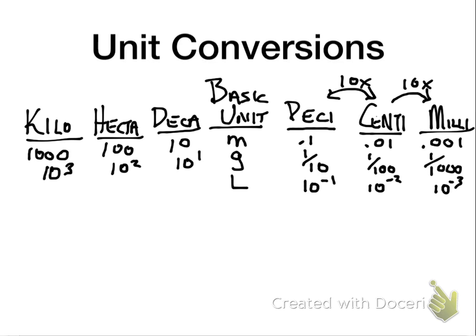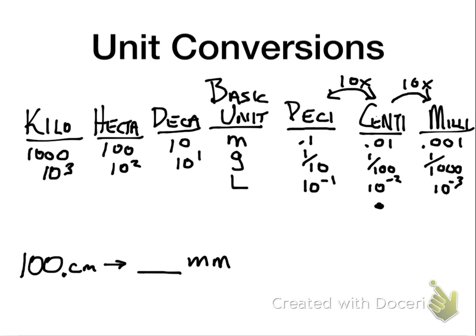So a couple of ways to do this. One is if we had 100 centimeters, and I asked you to convert that into millimeters. The first option is that your decimal place is in the centi position. So with the number 100, it would be after the last zero.